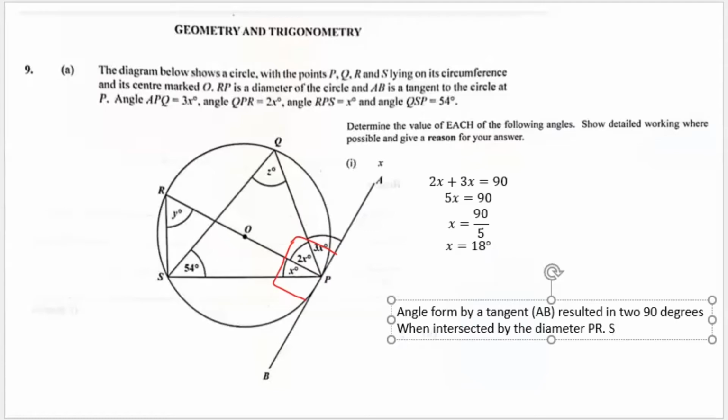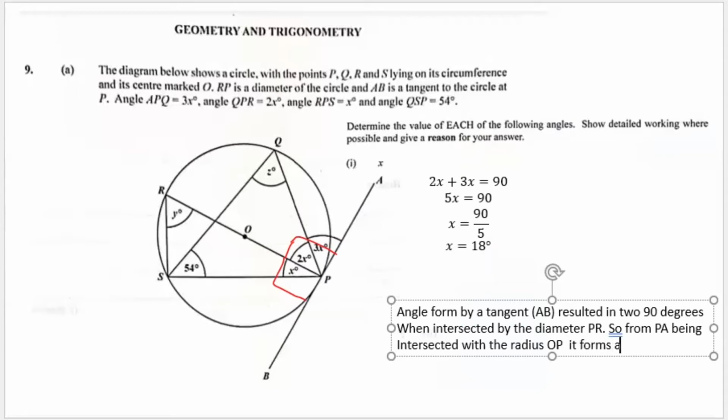So basically what we're saying is that from PA, which is where the tangent meets the circle, being intersected with the radius OP, or the diameter RP, it forms a 90 degree angle. And that is our answer for part 1.